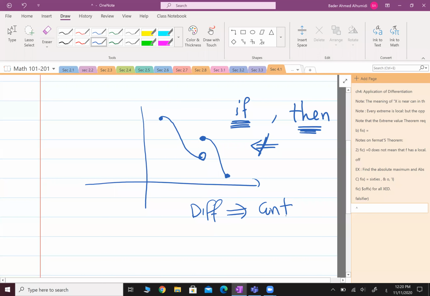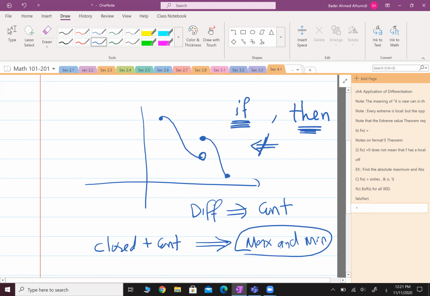Continuity. صحيح؟ الداله differentiable فهي continuous عند النقطه. اذا كانت الداله continuous مش بالضروره differentiable. صحيح؟ لكن if the function is not continuous for sure it is not differentiable. الان عندنا closeness closed plus continuity اذا اتحدوا مع بعض يؤدي الى شنو؟ Maximum and minimum. طيب اذا فقدنا واحده من الثنتين هذه النيجيشن حق الاند or يعني if there is no maximum or there is no minimum for sure we will lose one of these.